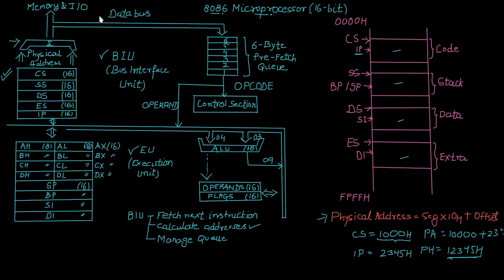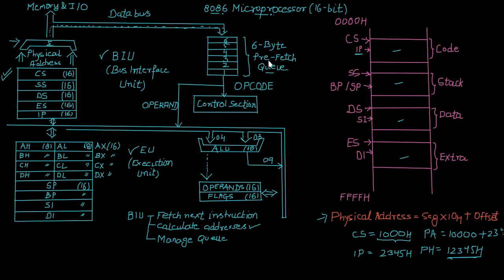So once the instruction is obtained through the physical address, it just passes through the data bus, and then instead of passing this whole instruction directly to the execution unit, we do not pass it directly to the execution unit. We will store it in a prefetch queue.